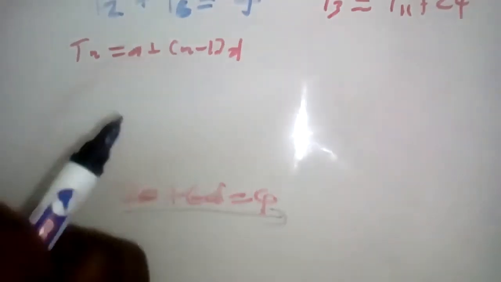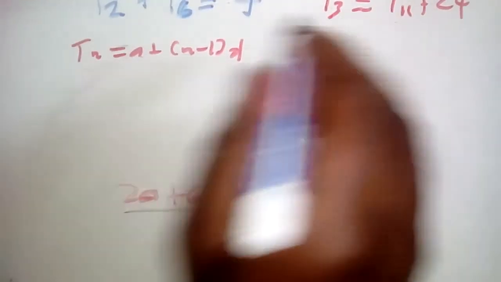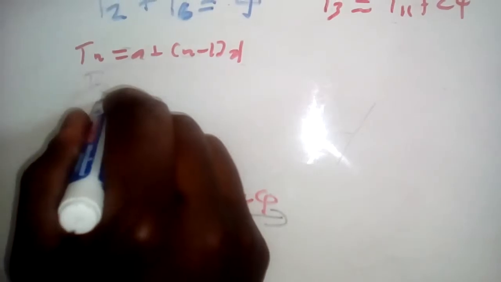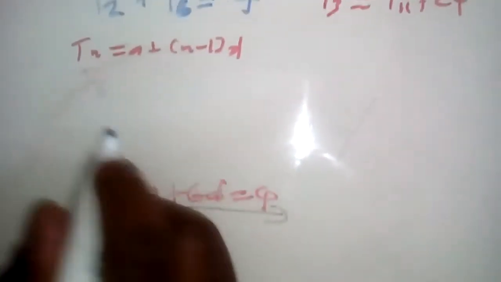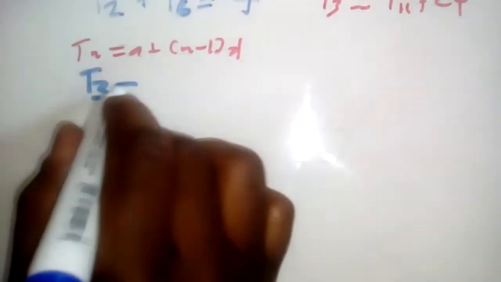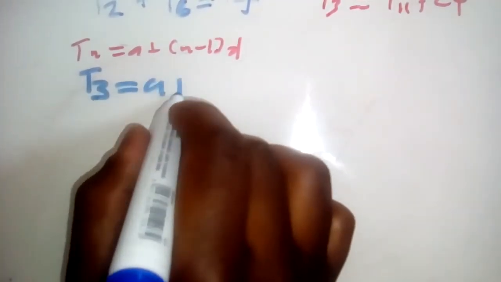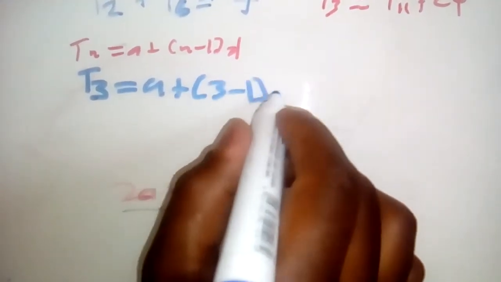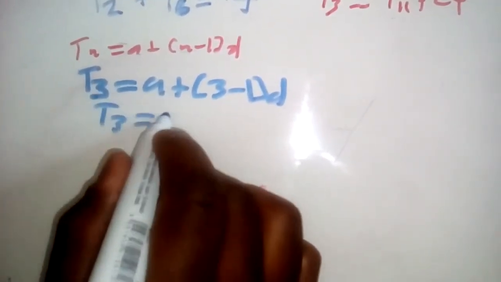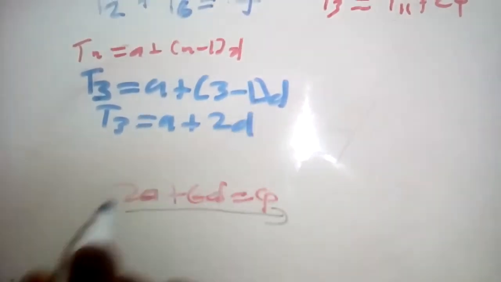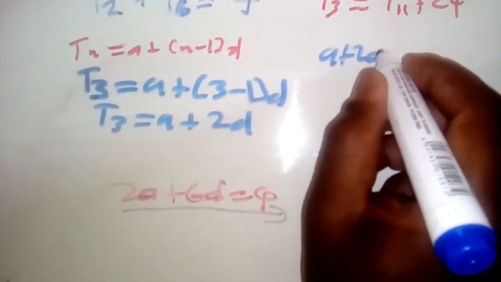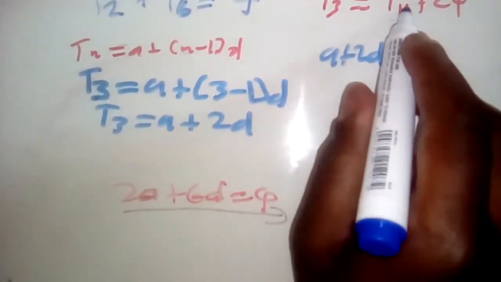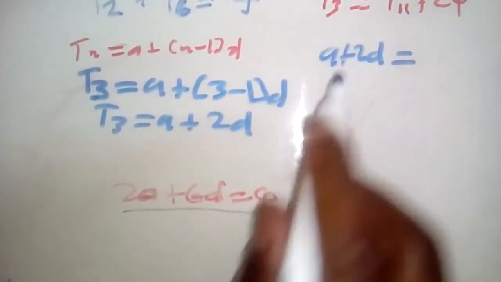So T3 is equal to a, which we don't know, plus (3 minus 1) times d. 3 minus 1 is 2, so T3 is equal to a plus 2d. Then I have to also do the same thing for T11 and substitute it.